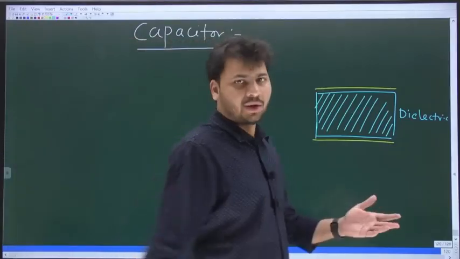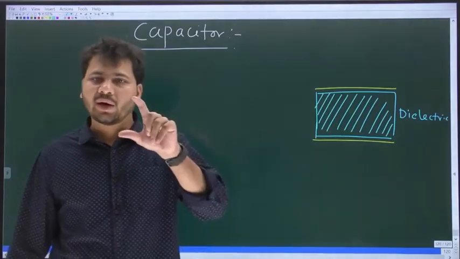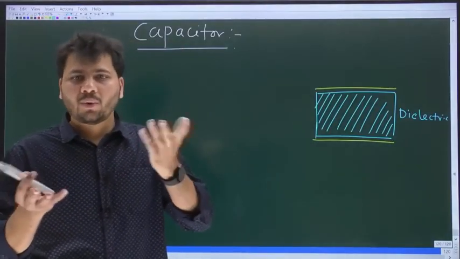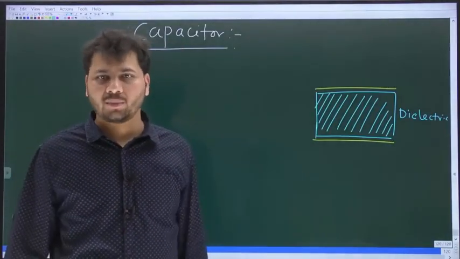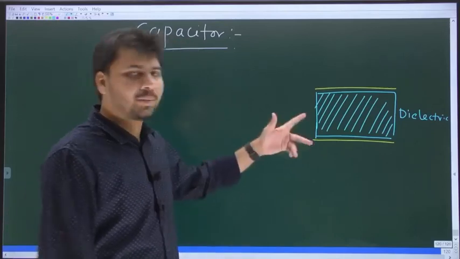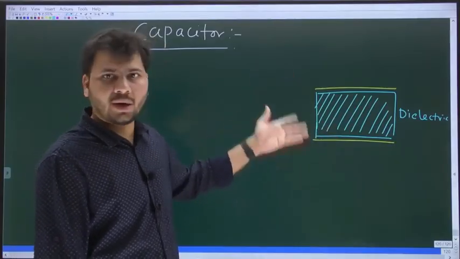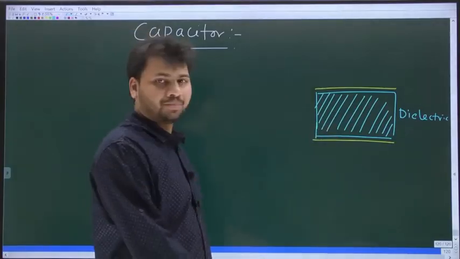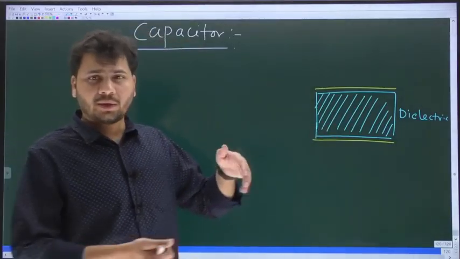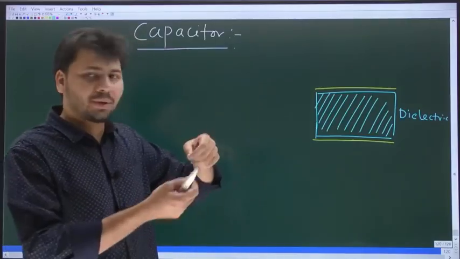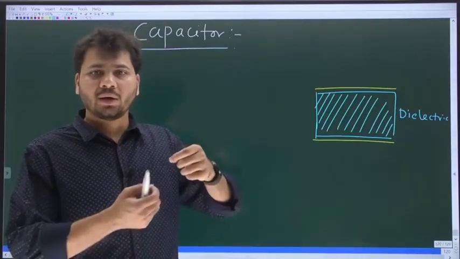So whenever you have some insulating material between two conducting plates, we have a capacitor. How many plates are there? There are two plates, the two yellow color plates, one at the top, the other at the bottom. Now for these two plates, you should connect two contacts or two terminals.